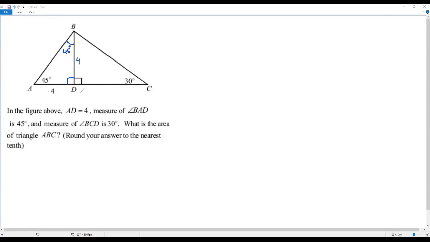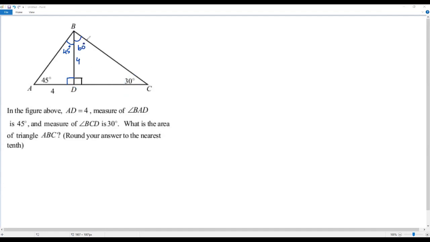Now my aim is to get the length of the line segment CD. How do we get it? For that, we consider the right triangle BCD. In this right triangle BCD, we have a right angle here and a 30 degree angle here. Then the measure of the interior angle over here has to be 60 degrees, so that the three interior angles add up to 180 degrees.